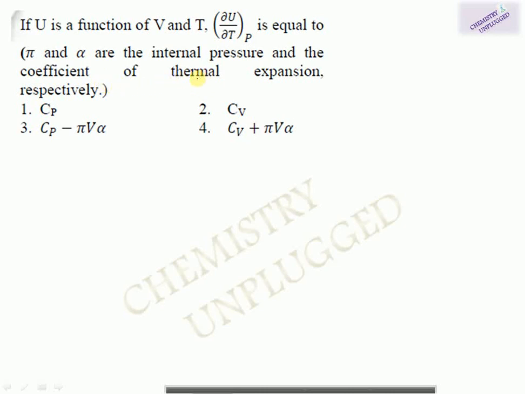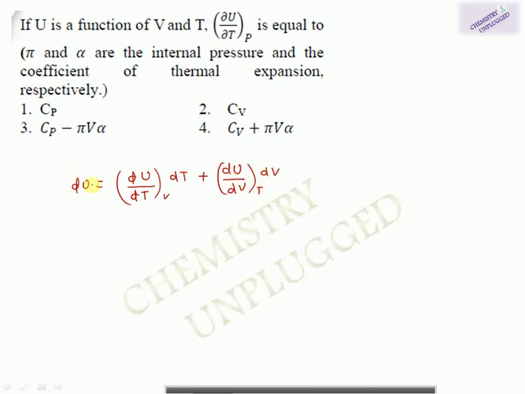So how will we solve this question? We will use the first thermodynamic equation of state. dU is equal to du over dT at constant V dT plus du over dV at constant T dV.